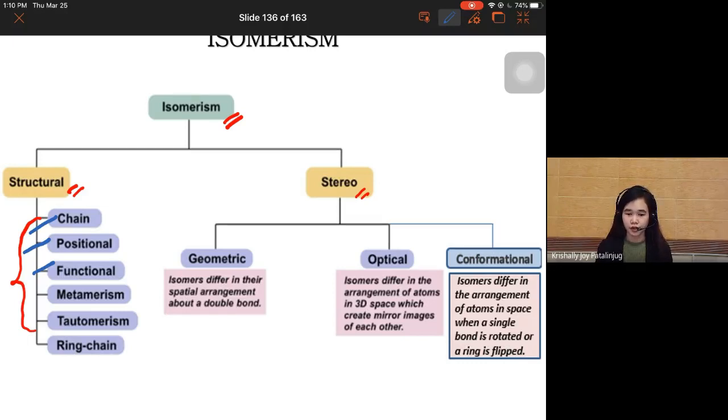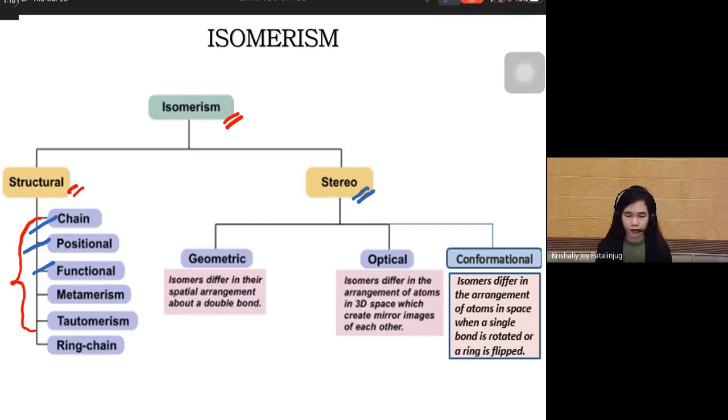And the rest of the specific types under stereoisomerism, geometric, optical, conformational, this will be discussed for the following meetings. Okay, so let's begin discussing all about structural isomerism.